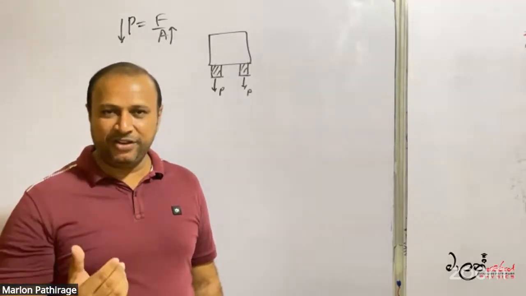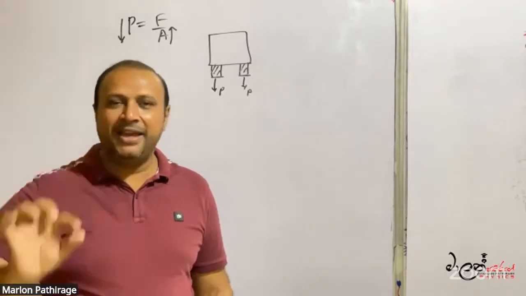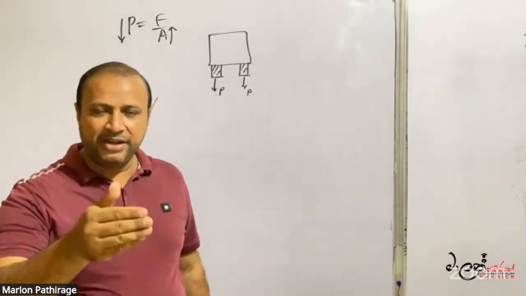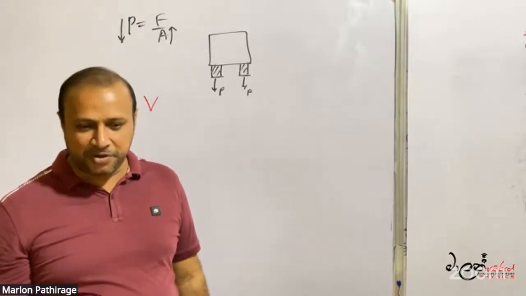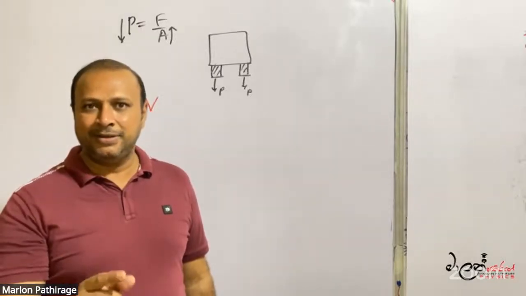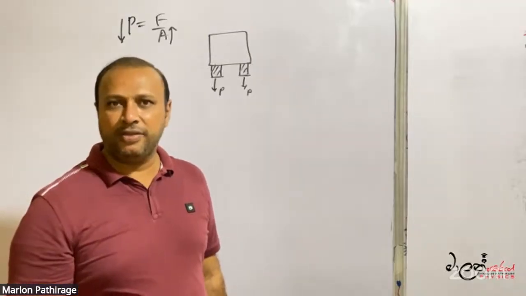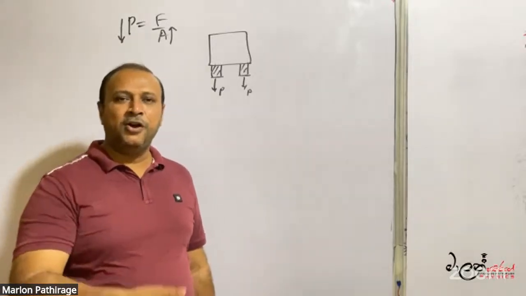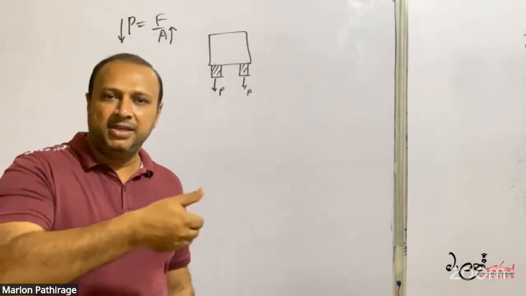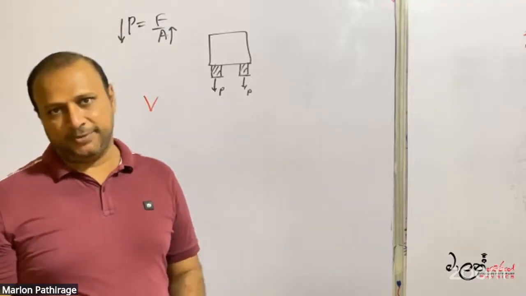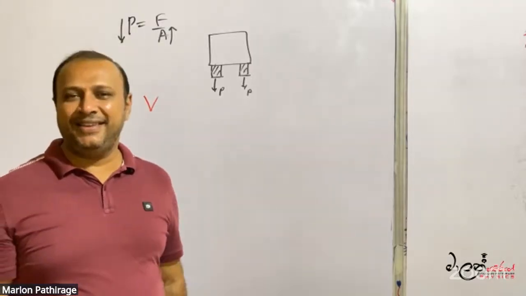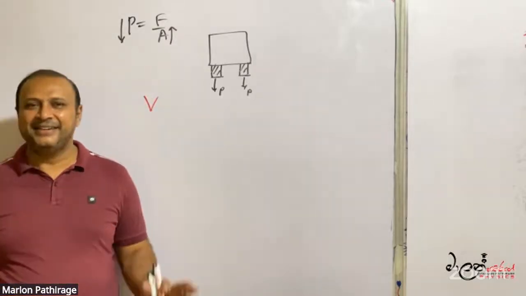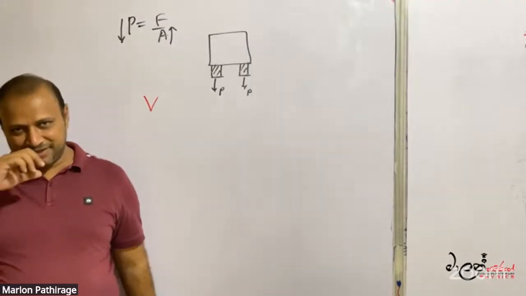Definitely the blade of a knife should be very sharp, because when it is sharp, the area of that blade is very, very low. Therefore, by applying a small force, we can create a high pressure. Therefore, we can easily cut those materials. And is that clear? If it is clear, please raise your hand.